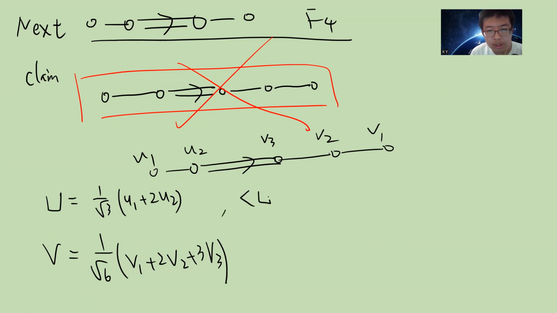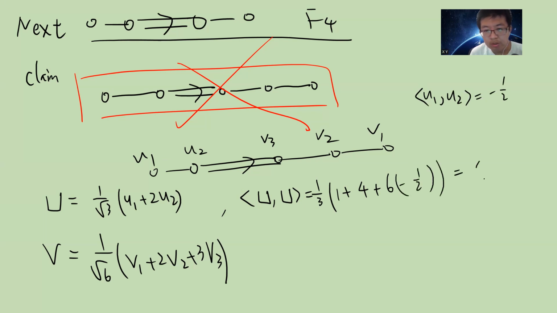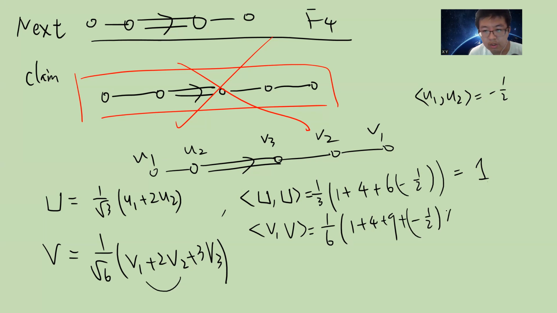Okay, first I check that UU is 1 divided by 3. So U1 squared 1 plus 4 plus 6. Notice that U1, U2 is connected by a single edge, so it's negative half. So this is 1. And you can also do the simple calculation. VV is 1 over 6. 1 plus 4 plus 9, plus V1 and V2 are connected by a single edge, so minus 4.